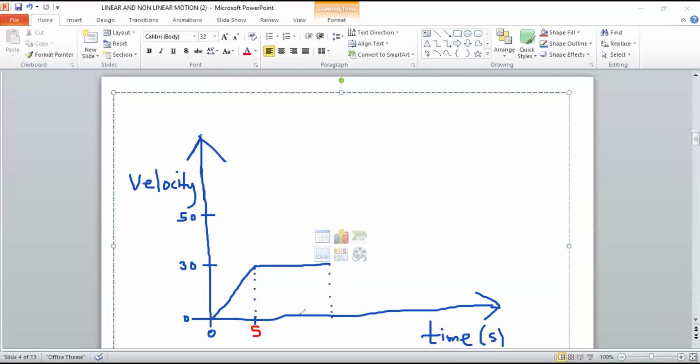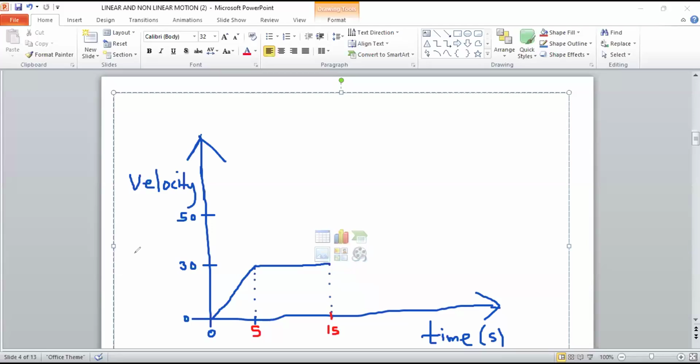So if I'm to label my axis, then this time here will become 15, such that the interval between 15 and 5 is 10.